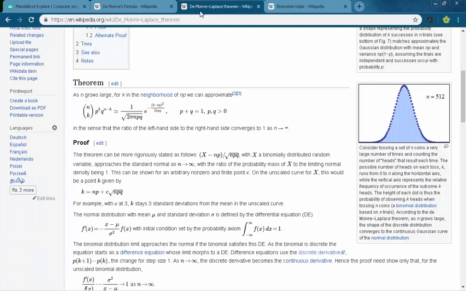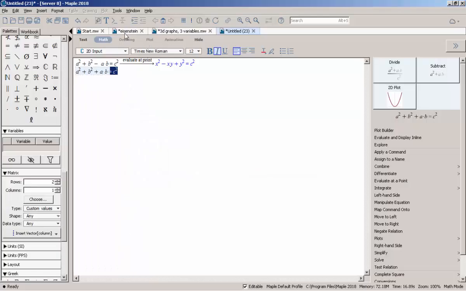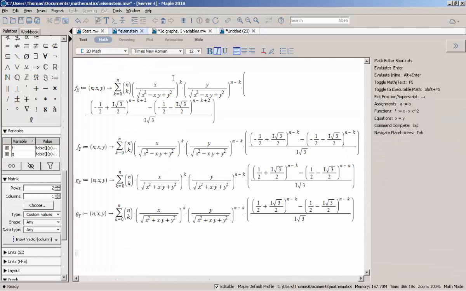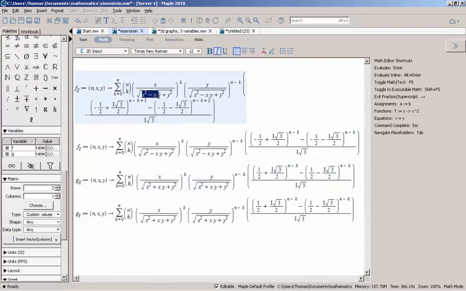Okay, let's talk about my functions. My Eisenstein functions. Alright, we got 4 functions here. F of x, f of y, g of x, g of y. The f's are the minuses. X squared minus xy plus y squared. That's the 60 degree, which, as I said, they're not 60 degrees.